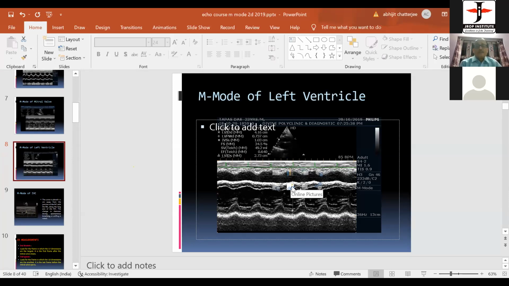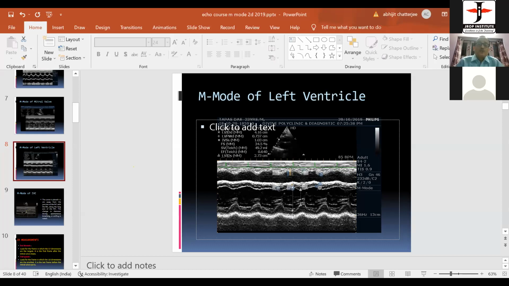Again, from leading edge to leading edge, LV. Again, from leading edge to leading edge, LV posterior wall. Again, this is the lowermost part of the interventricular septum. Leading edge to leading edge, that is the systolic dimension. This is the diastolic dimension. This is the systolic dimension.